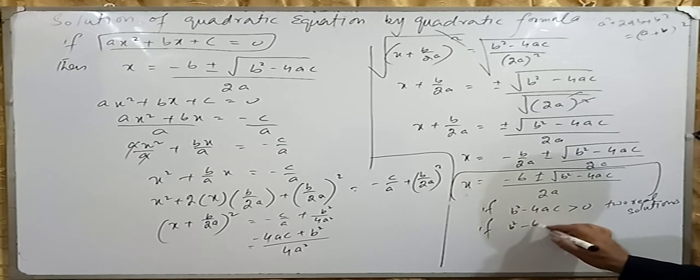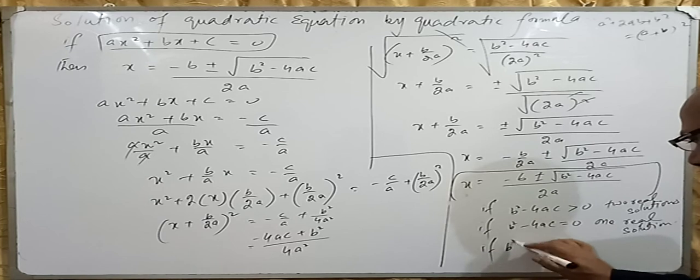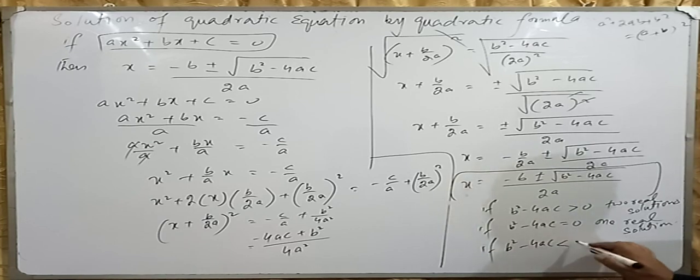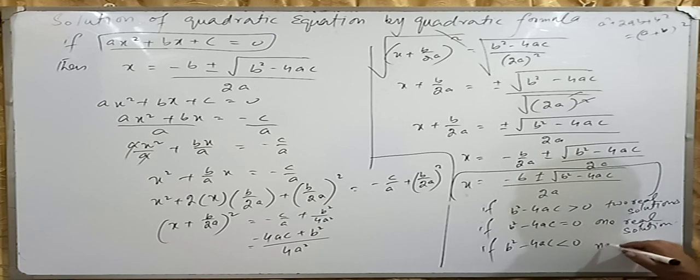If b square minus 4ac equal to 0, we have one real solution. And if b square minus 4ac is less than 0, meaning it becomes negative, we have no real solution. In that particular case, we have no real solution.